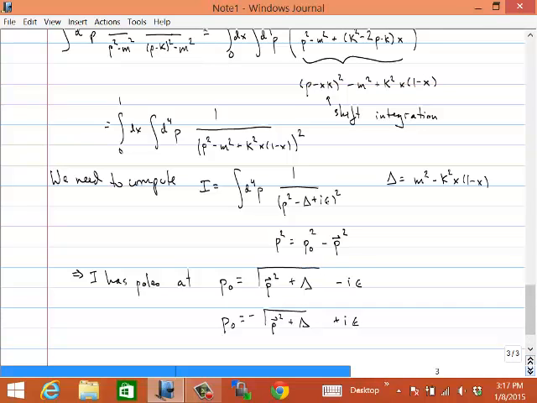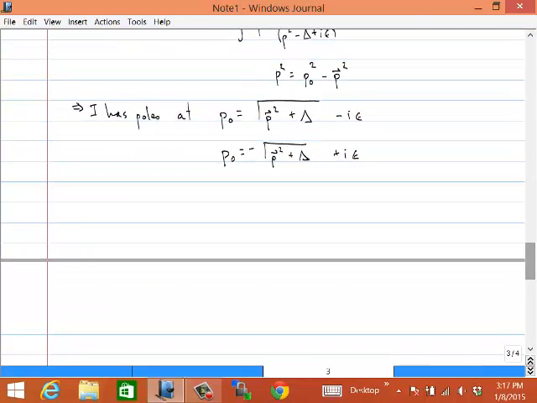So if you think about the p0 integral as a contour integral in the complex p0 plane, we start by doing an integral along the real p0 axis, and we have poles here and here, just above and just below the real p0 axis.